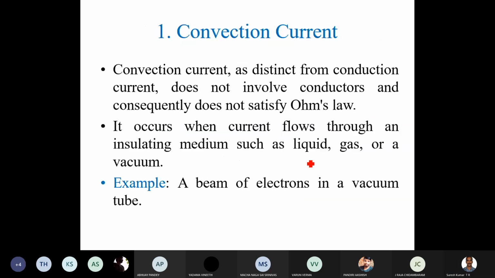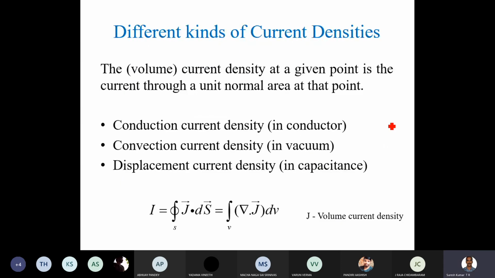This we have discussed, and three types of currents exist. One is convection current, which flows through vacuum, where there are no collisions because there is no conductor and no conductivity involved, so there is no term called sigma.